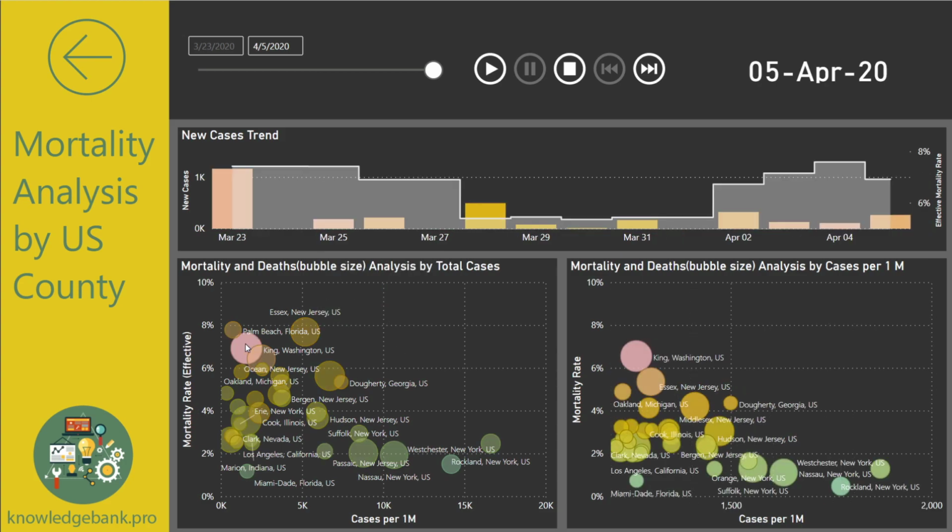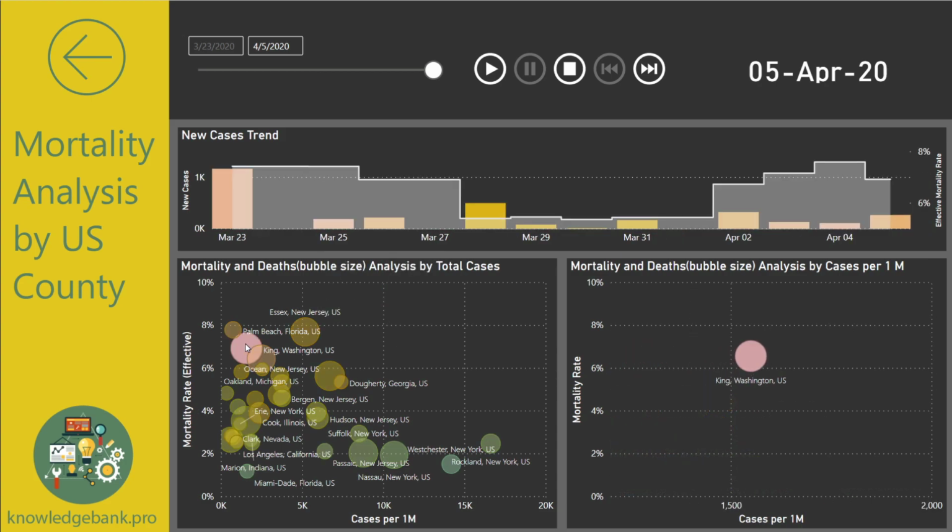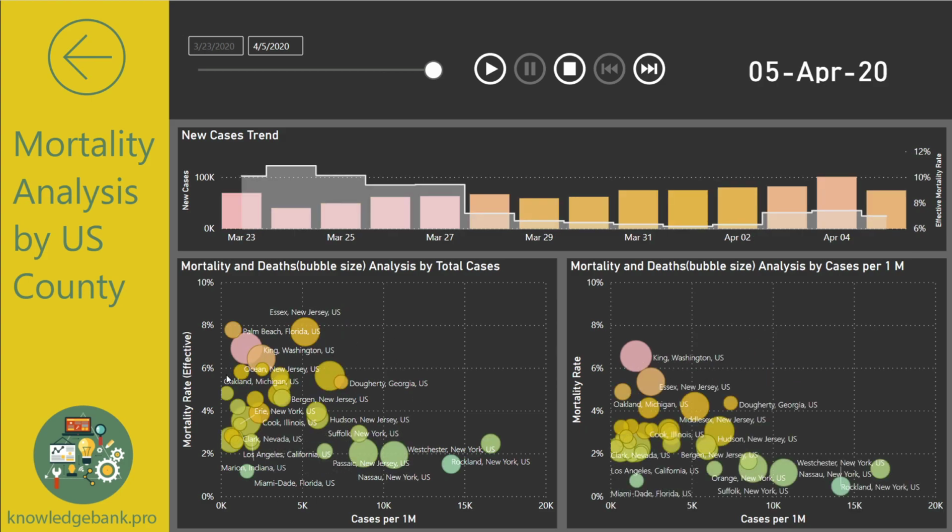King County, Washington, we see that the number of cases is dropping, and we see a spike in mortality here. Maybe we'd have to take a look, but there are such a few number of cases, and the number of cases per million is fairly low. Anything that's high is obviously worrisome, but right now, it looks like most of the counties are well below 6%.